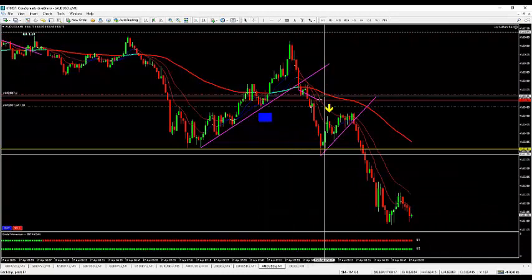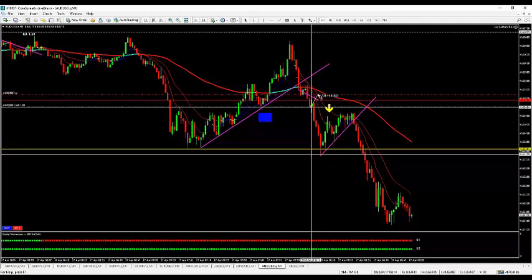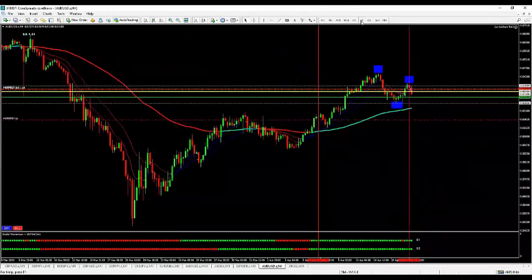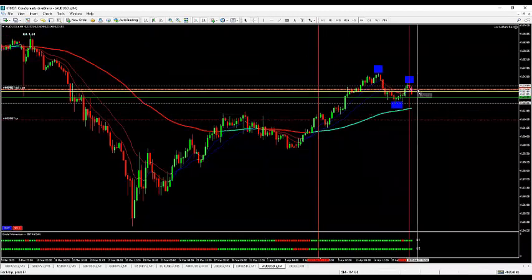My stop now is 3 pips. And H4, look, my target's there currently, but I'm going to keep changing my targets. 182 pips there. My risk is 3 pips.